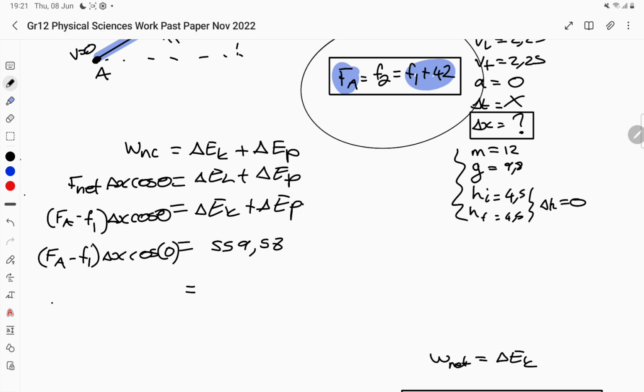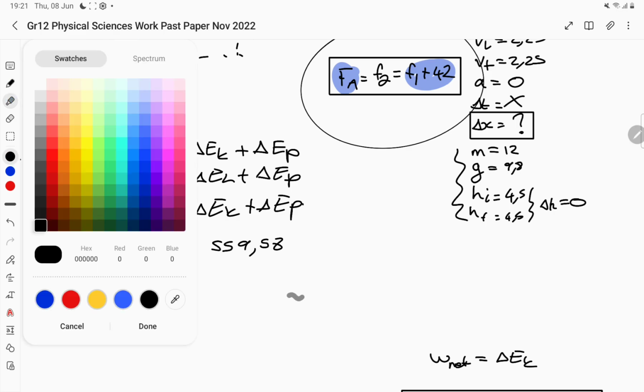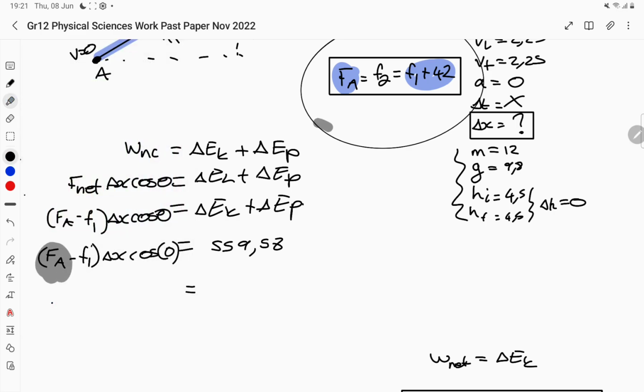Cos of 0 is 1. So I'm going to replace that FA, which is over here, with that F1 plus 42. F1 plus 42, emphasize brackets, minus F1, delta x, that cos 0 just becomes a 1, and we have 559.58.